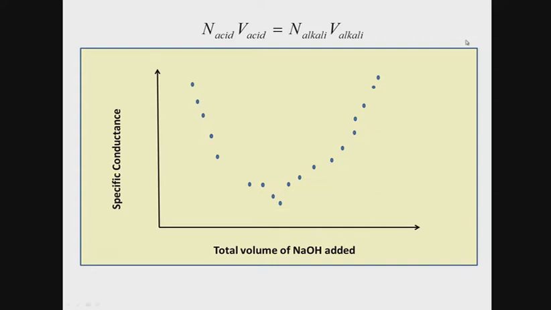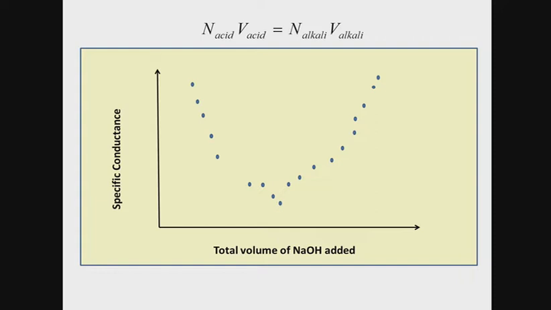So the task is to find out V alkali by measuring the conductance of the titration mixture at different stages of the titration. So, we start with the oxalic acid solution, measure the conductance and obtain the specific conductance for this solution, and note it down for the starting acid solution.